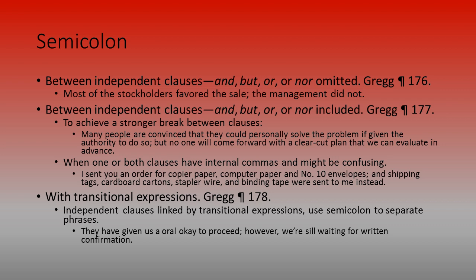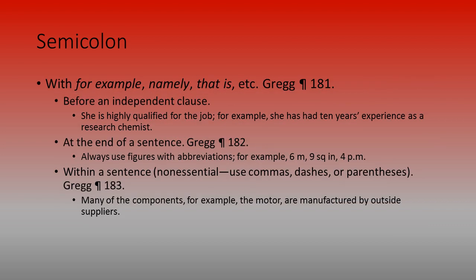And then with transitional expressions, use the semicolons to separate the phrases. Use it with, for example, namely, that is, before an independent clause. Use a semicolon at the end of a sentence.